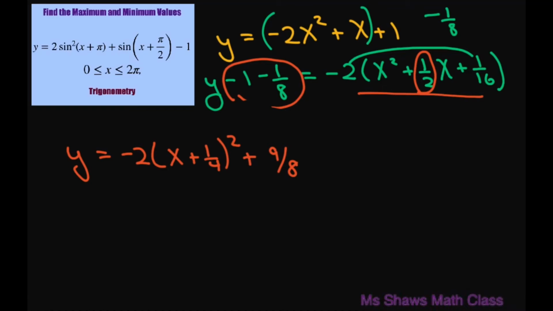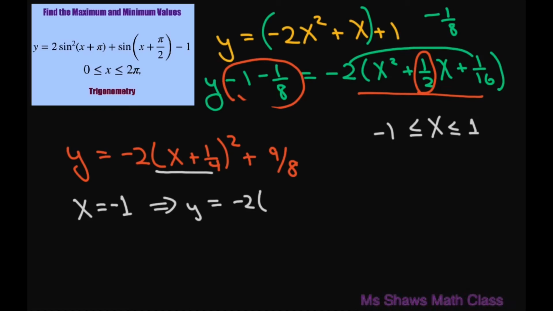All right, now that we have that, what we want to test is, remember we had x is in between negative 1 and 1. So we're going to test when x is negative 1 and substitute in negative 1 in here. You're going to get y equals negative 2 times negative 1 plus 1/4 squared plus 9/8.